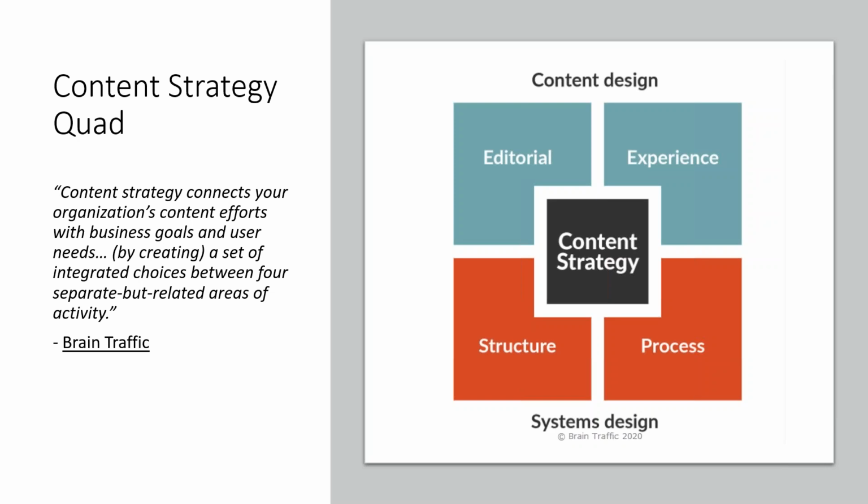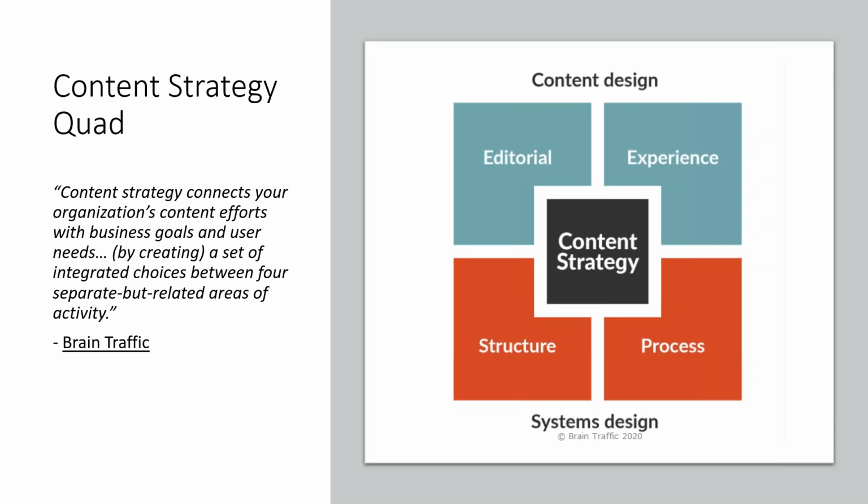I'd like to share 2 important considerations when you're looking at this content strategy quad. The first consideration is the setup of the quad itself. Systems design is on the bottom of the quad, but not because it should be considered last. In fact, it should be considered first as the foundation of a robust content strategy. The second consideration is that all the quadrants are intermingled.